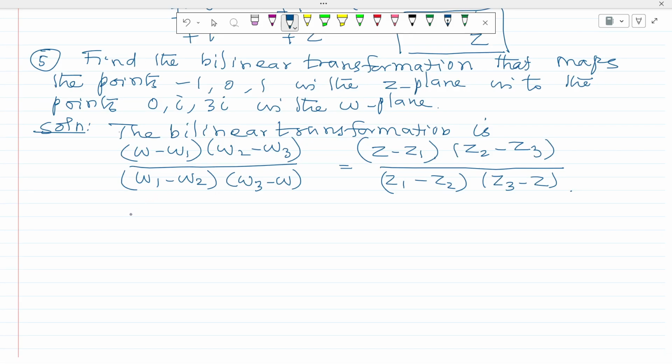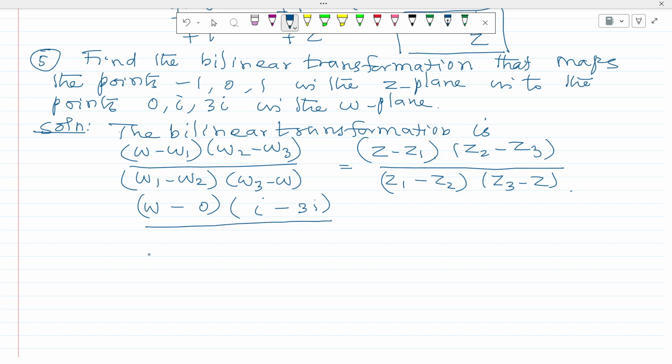Okay, now substitute the values here. W minus W1, which is 0. Then w2 is i minus w3, which is 3i.